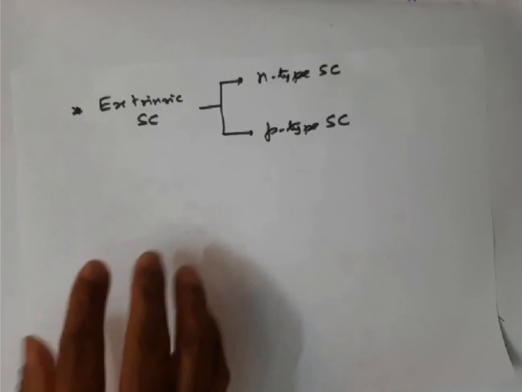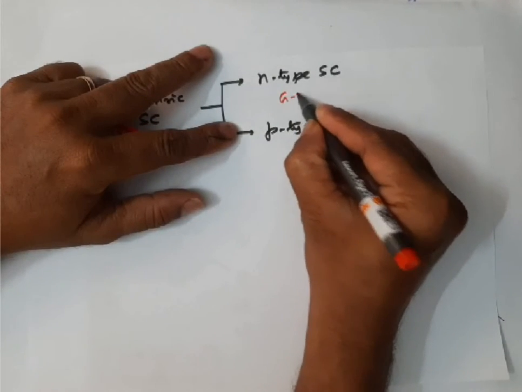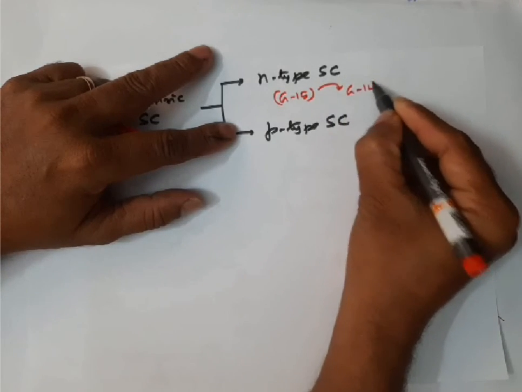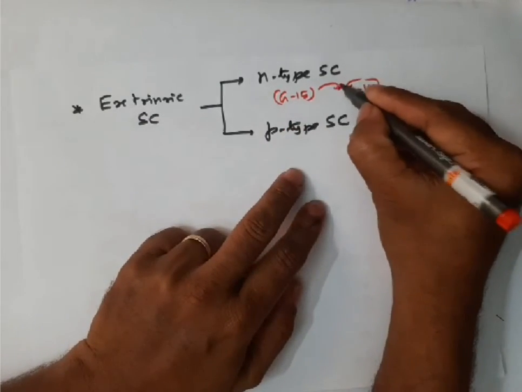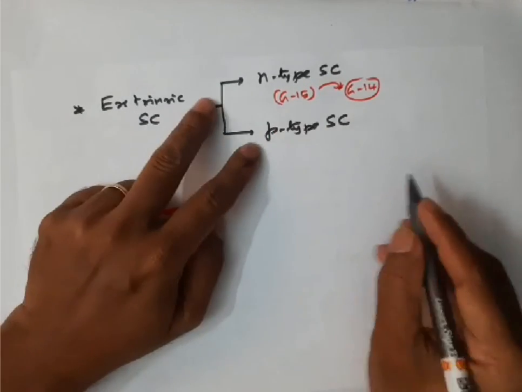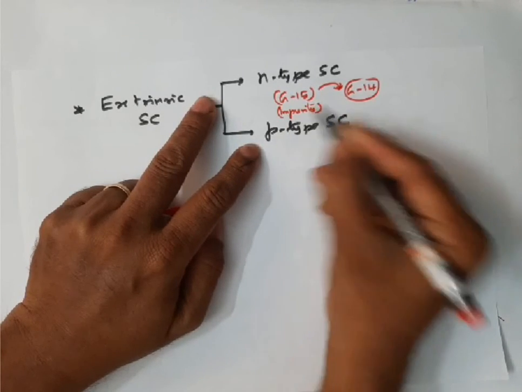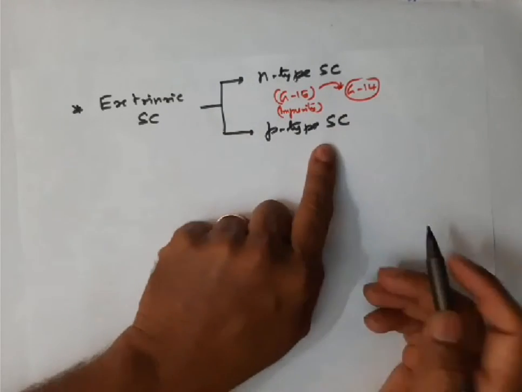N-type semiconductors are obtained whenever you add a group 15 element to group 14. I am adding group 15 as impurity. If you add a group 15 element as impurity in group 14, you will get N type.